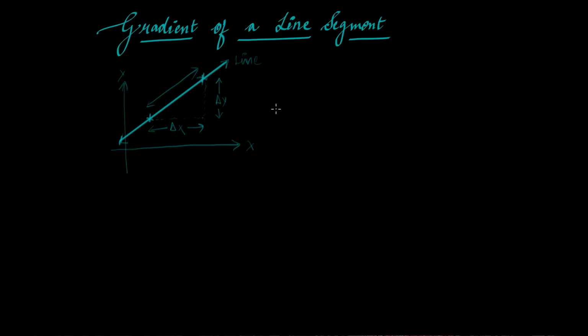How much does it rise? As we have discussed previously, if this is x2, y2, and this point is x1, y1, then the gradient of a line is defined as delta y by delta x. Or in better terminology, if we have these 2 points, the gradient is then defined as y2 minus y1 divided by x2 minus x1. As you can see, it is a measure that yields us the height of increment between 2 points when we choose to go a certain distance.